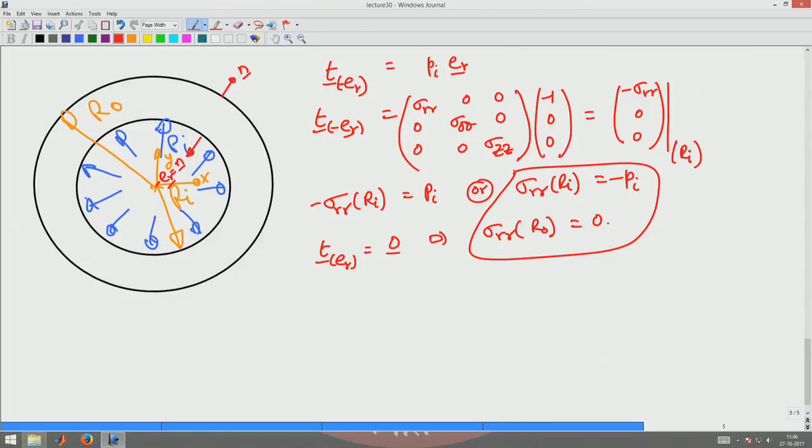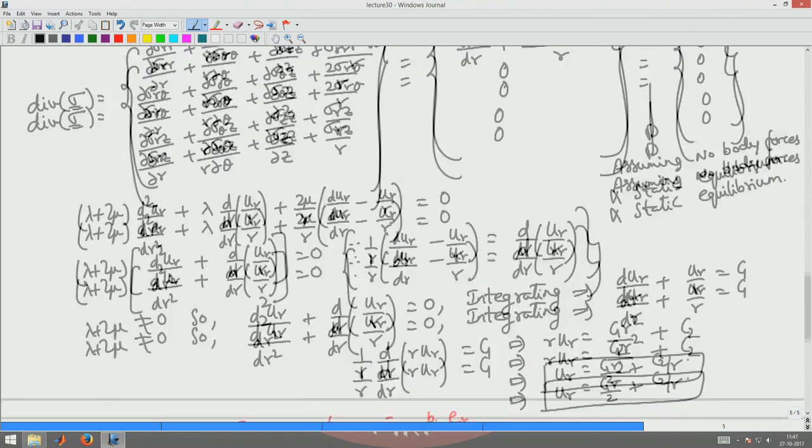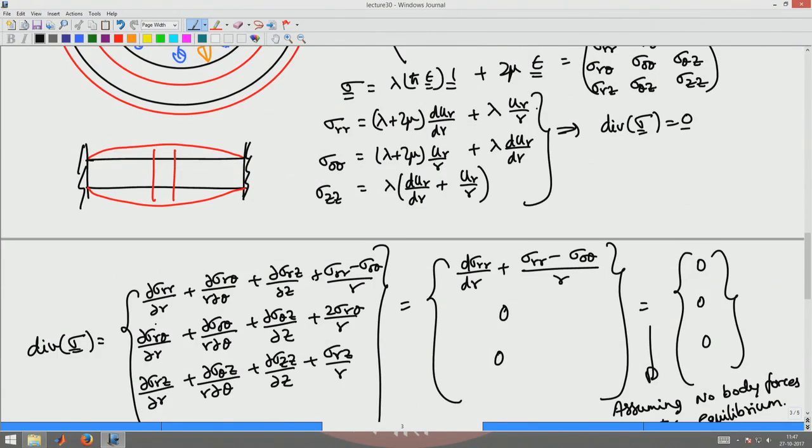I found u(r) to be C1 r by 2 plus C2 by r. Correspondingly, now I go back and substitute this in the expression for the stresses, and I will evaluate what the stresses are in terms of the constants C1 and C2 and radial location r.